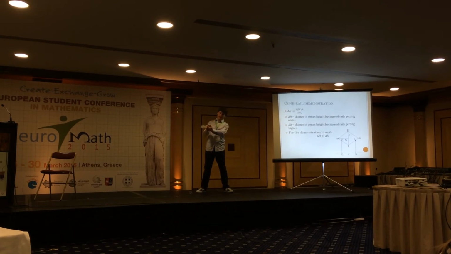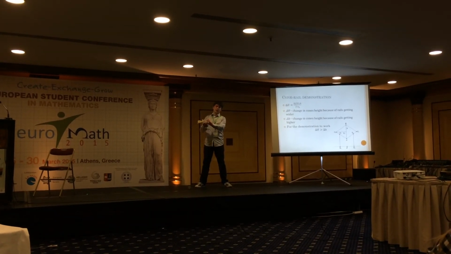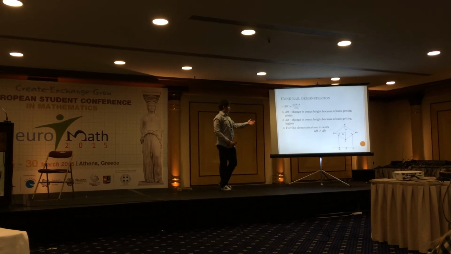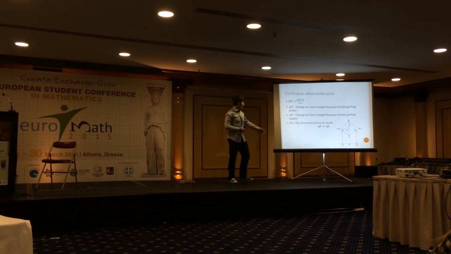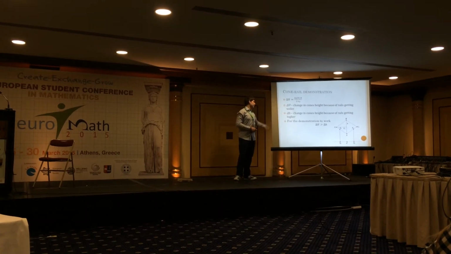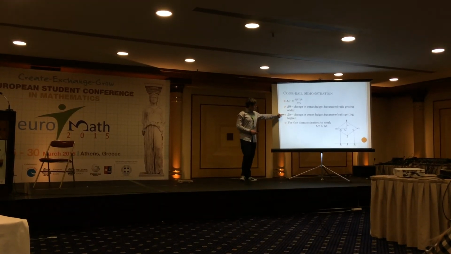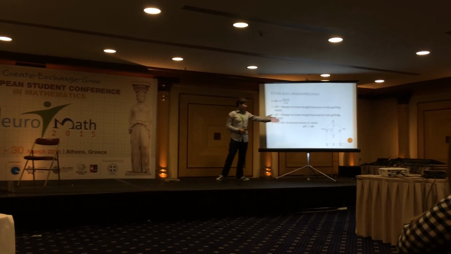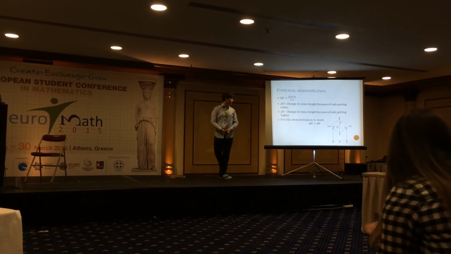That's by how much the height of the rails on both ends is different. The cone has to get lower by the delta big H value, then it is getting higher by the delta small h value. So for the demonstration to work, delta big H has to be larger than delta small h.